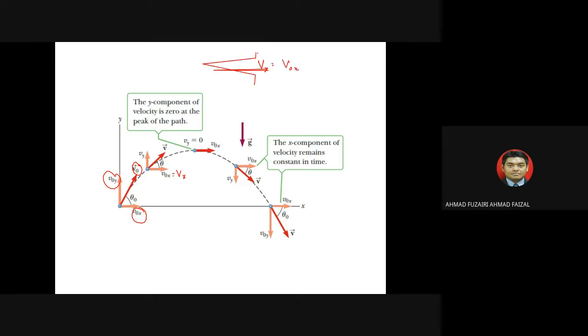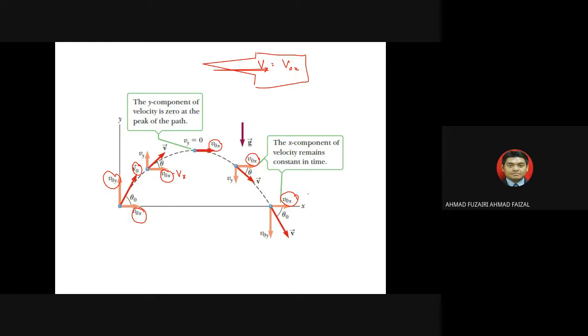Vx is always equal to V naught x. So that's why they only write down V naught x here. Look carefully. This is V naught x, this is V naught x, and this also V naught x. Why? Because the component of velocity in the x direction will always have the same value.